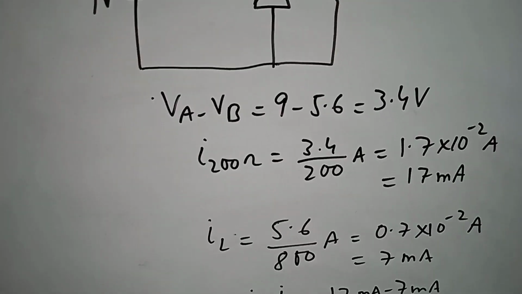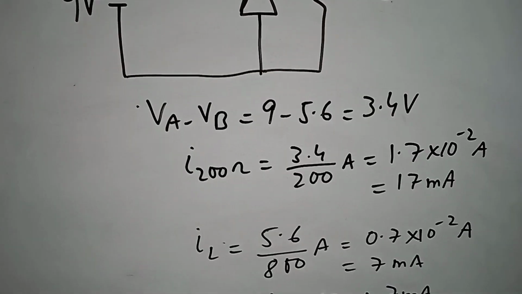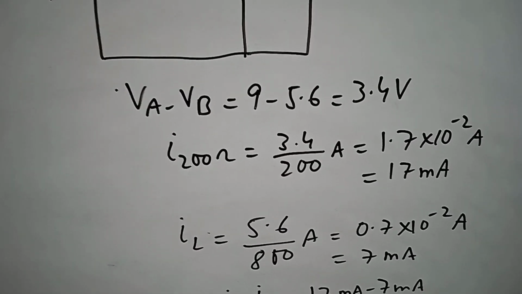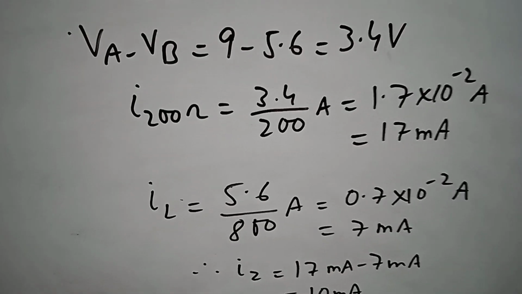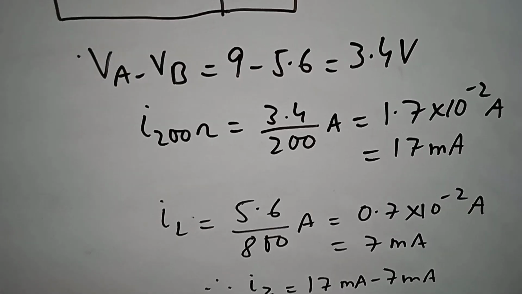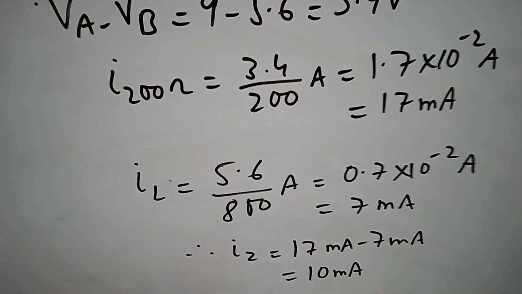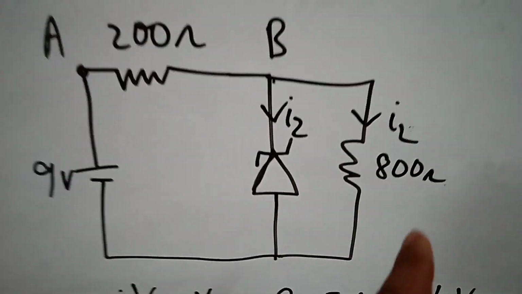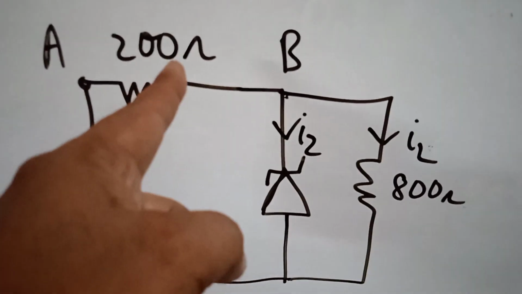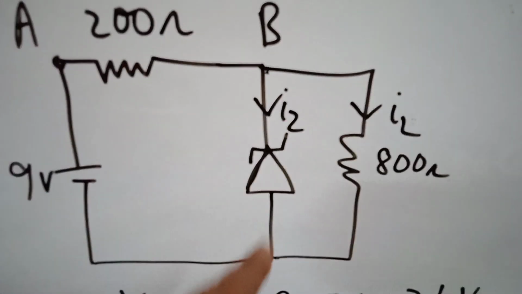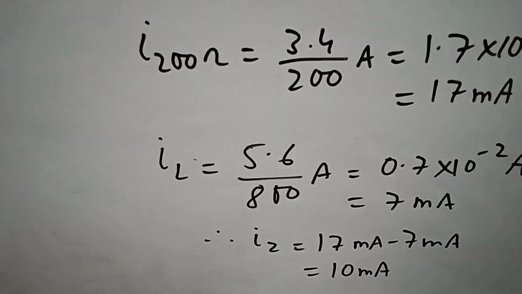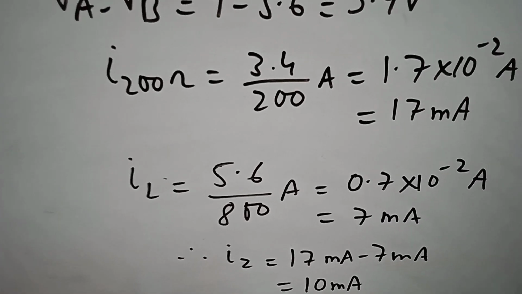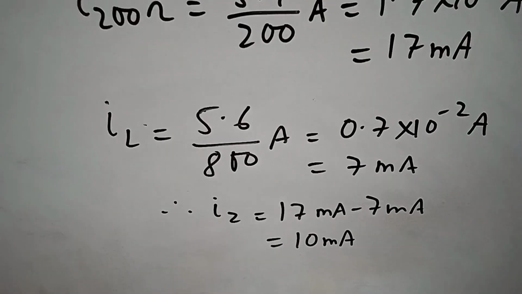So 5.6 by 800 means 0.7 into 10 to the power minus 2 amps, that is 7 milliamps. So the load current is 7 milliamps and the supply current is 17 milliamps, so Iz equals 17 minus 7 milliamps, that is equal to 10 milliamps.